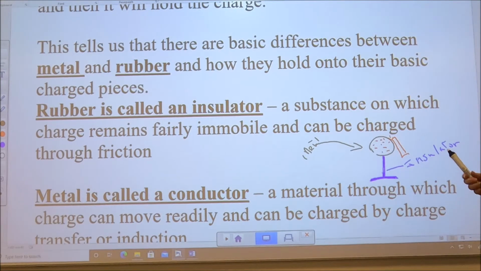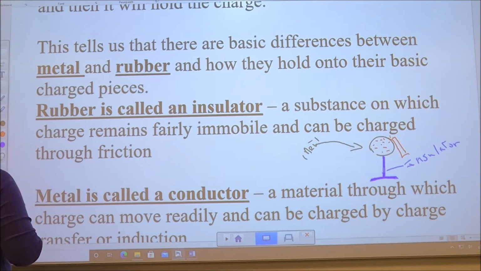Now, metal is called a conductor. It's a material through which charge can move easily and can be charged by transfer or induction. Rubber is an insulator, a substance on which charge remains fairly immobile and can be charged through friction.